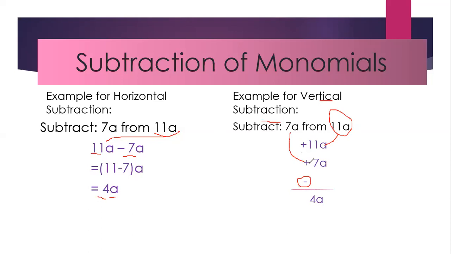In vertical subtraction, the second term's sign will be changed. If it is plus, it will become minus. Clear? So now this plus sign becomes minus. 11 minus 7 is 4, and a will be copied as it is.